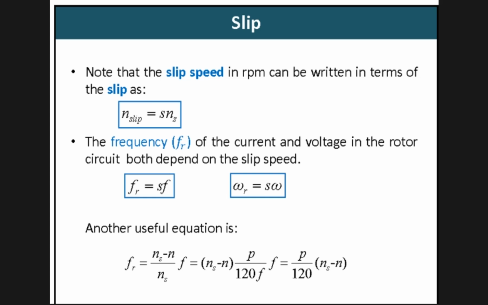N slip equals s times ns. The frequency of the rotor, the generated EMF frequency, will be slip times supplied frequency, and omega r for the current and voltage is equal to s times omega of the supply.